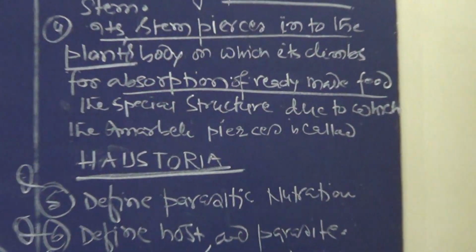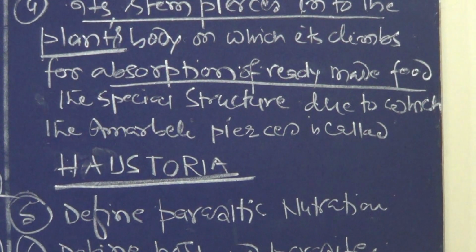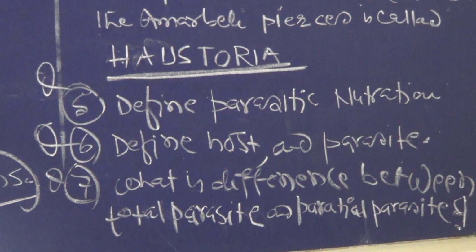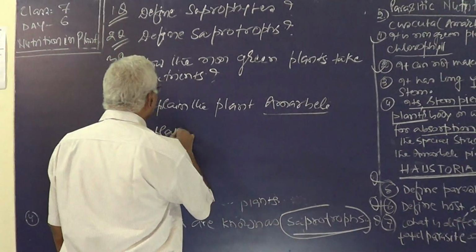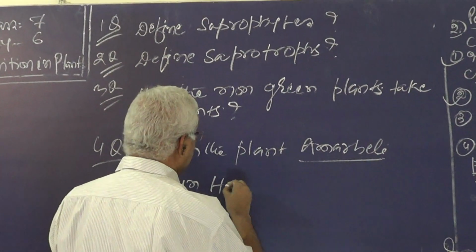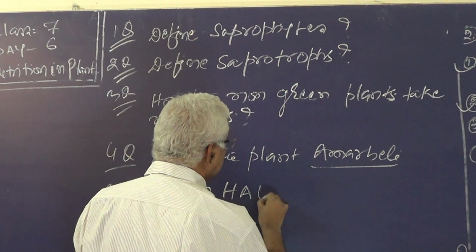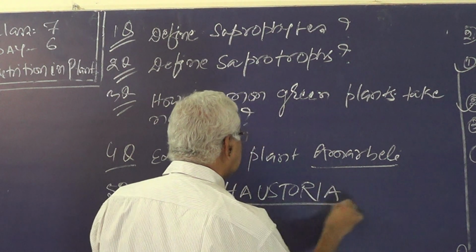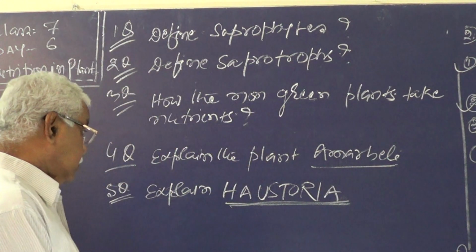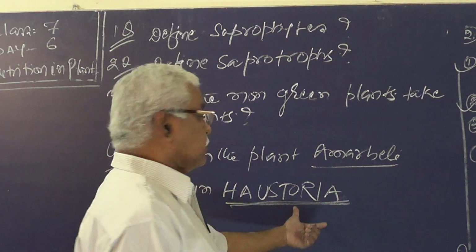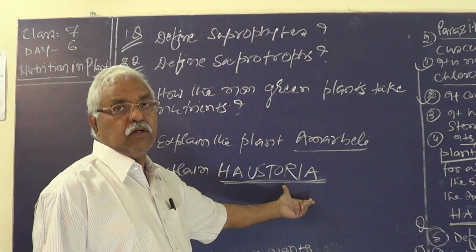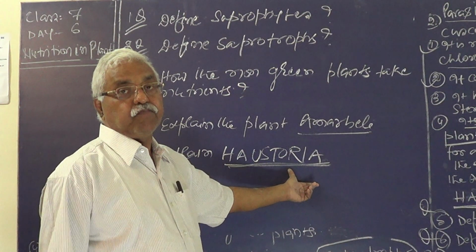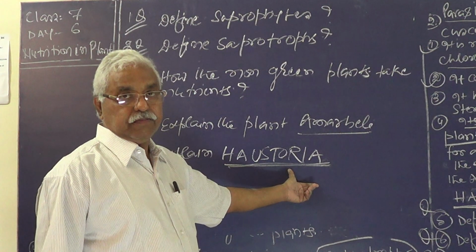Haustoria. Explain haustoria. It is a special structure of the Amar Bail due to which it pierces into the stem of the plants for their food.